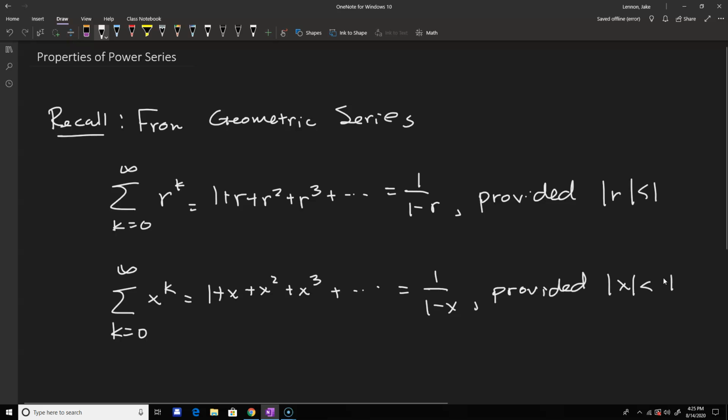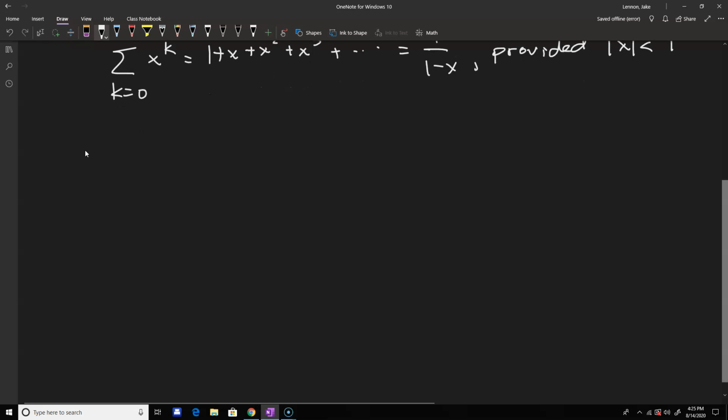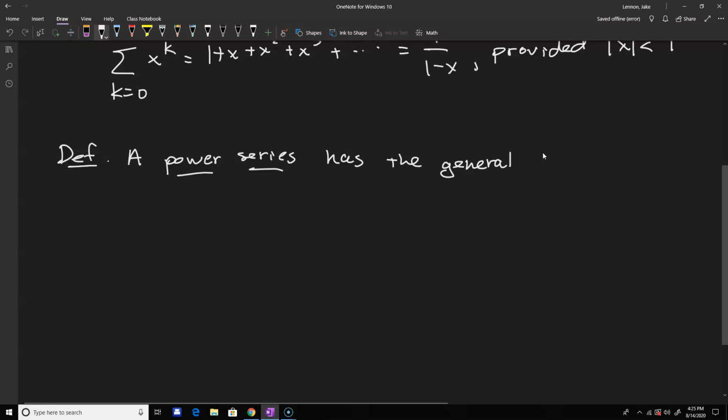So let's make some terminology, and then we'll look at a few properties of these things. Definition: a power series has the general form where we have this infinite sum from k equals 0 to infinity of c sub k times x minus a raised to the k power.